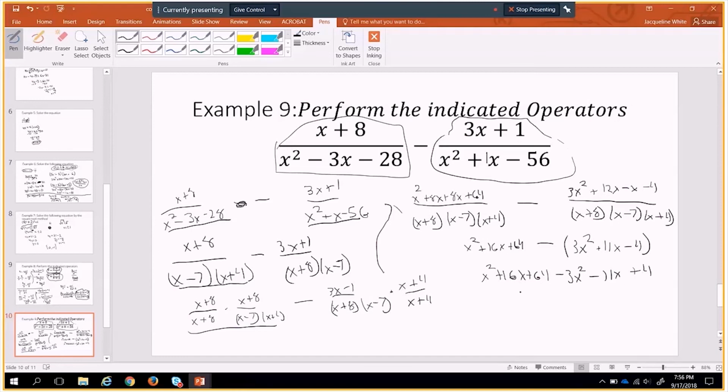Now we combine all these like terms, we're going to get a minus 2x squared, 16x minus 11x is plus 5x, and 64 plus 4 is plus 68, all over our lovely denominator, which we figured out as being x plus 8 times x minus 7 times x plus 4.